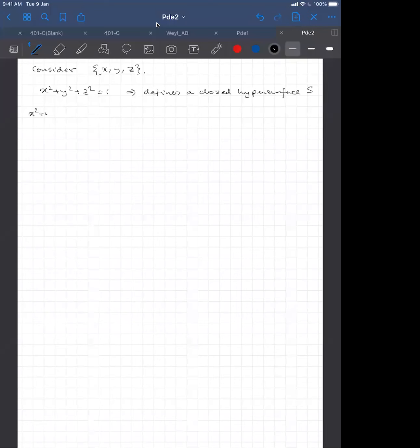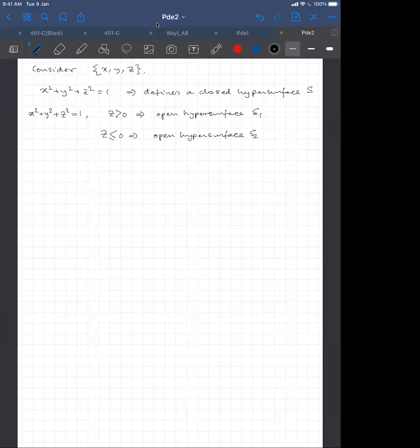x squared plus y squared plus z squared equal to 1, and z greater than 0 is going to define an open hypersurface S1. This is also a hemisphere, and z less than or equal to 0 is going to define, sorry, S2.